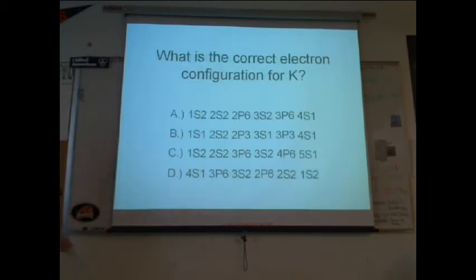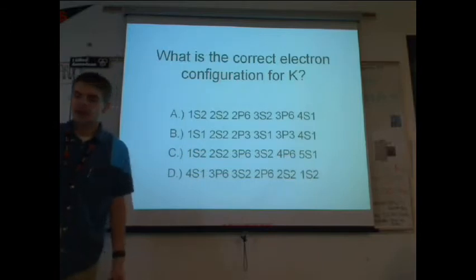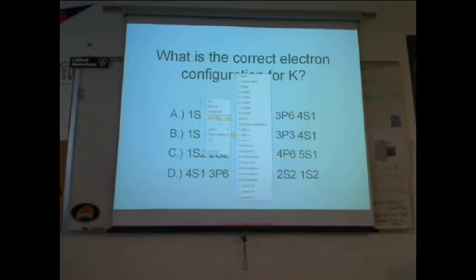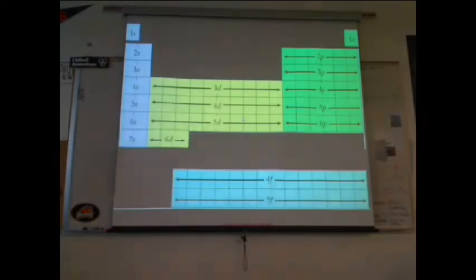Okay. What is the correct electron configuration for potassium? Again, this is probably hard to do without a periodic table in front of you. But if we were to go back, potassium is here, I believe.